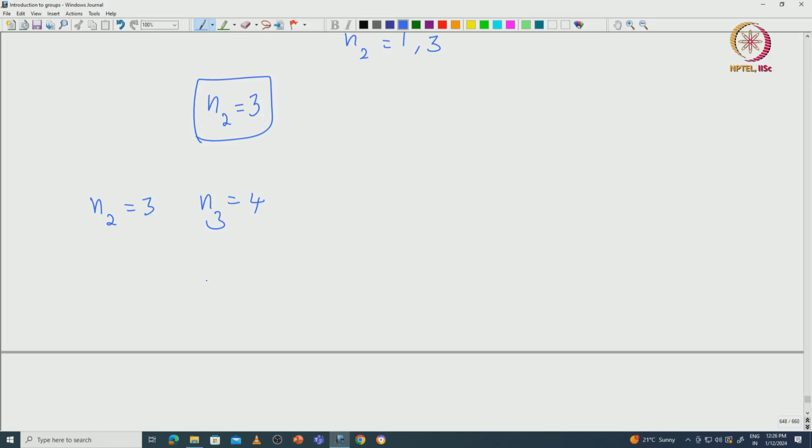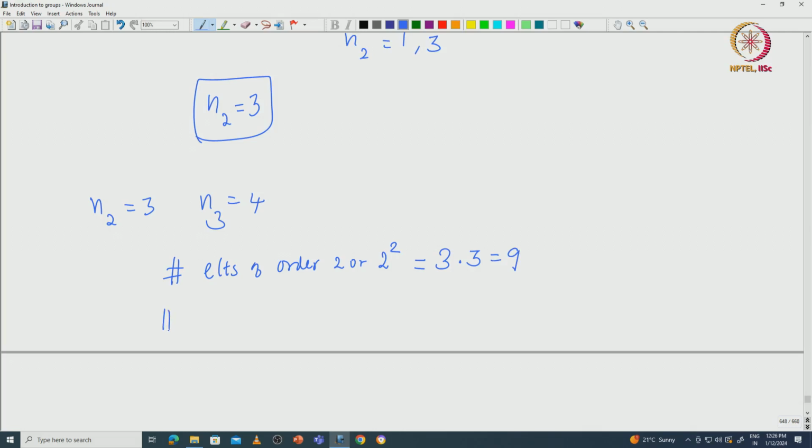So the number of elements of order 2 or 4 is going to be 3 groups times 3, removing the identity, that is 9.